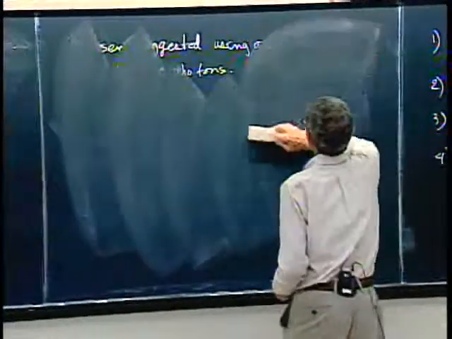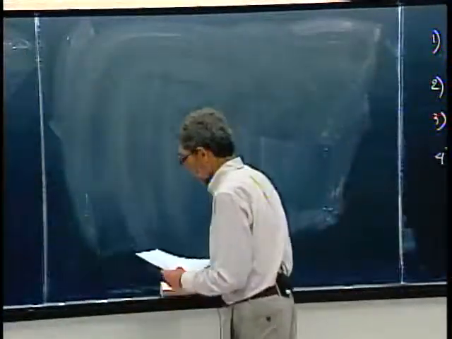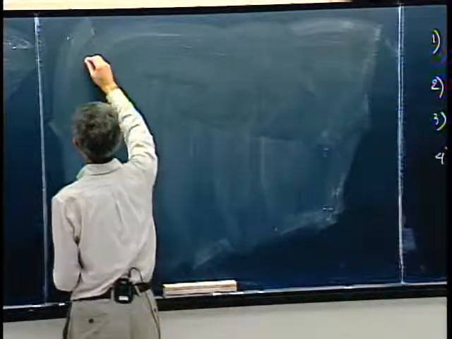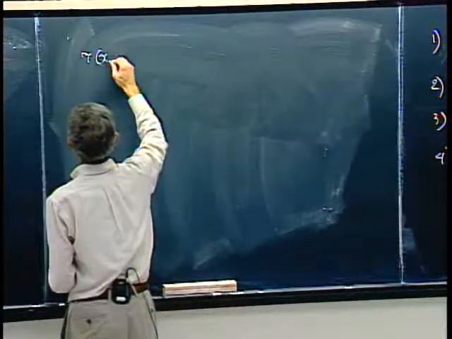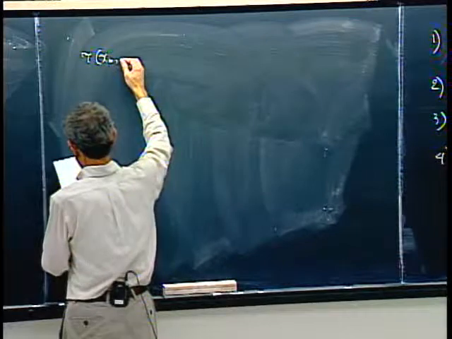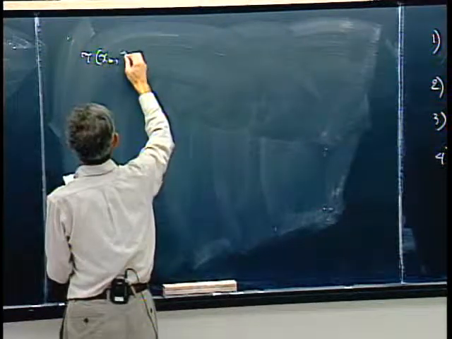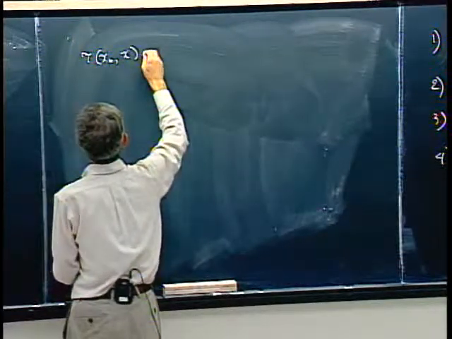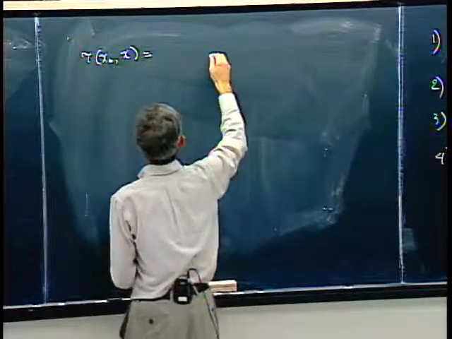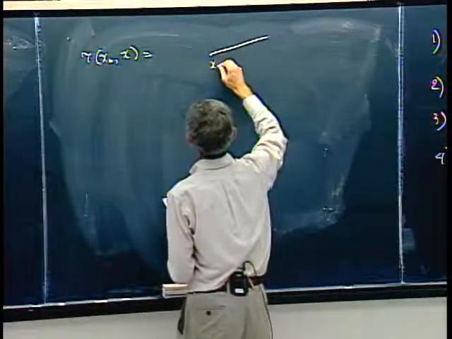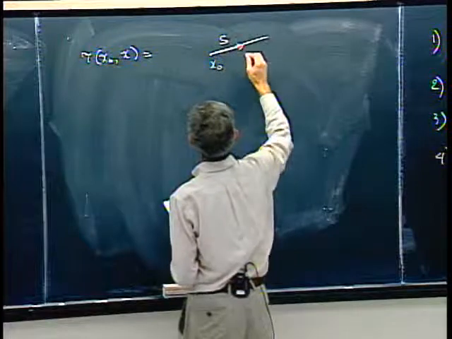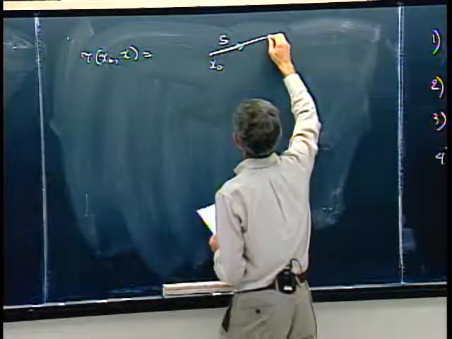So the ray has a starting point, and I want to know the transparency, say, from the starting point x0 to some x. And so I have the ray starting at x0, and s represents the distance along the ray.